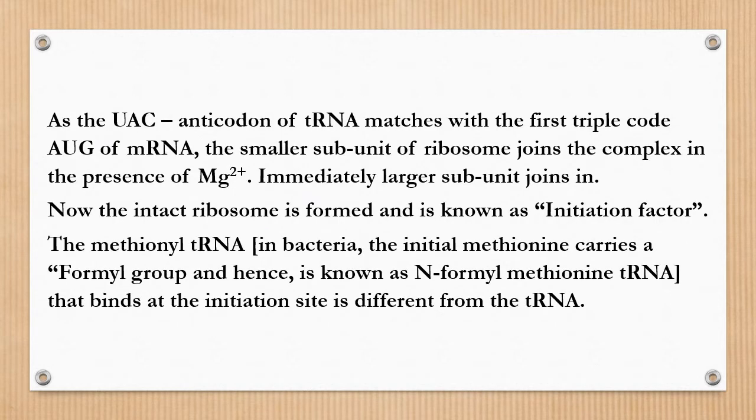As the UAC anticodon of tRNA matches with the first triplet AUG of mRNA, the smaller subunit of the ribosome joins with the complex in the presence of magnesium ion.